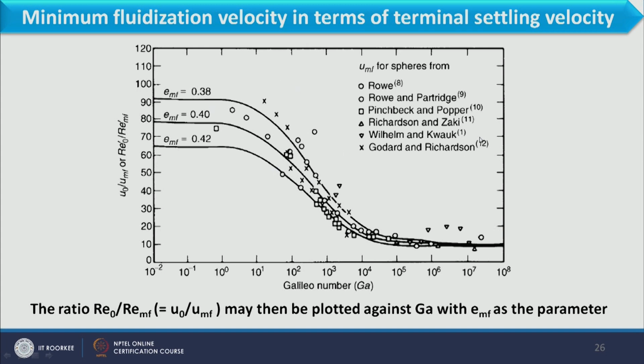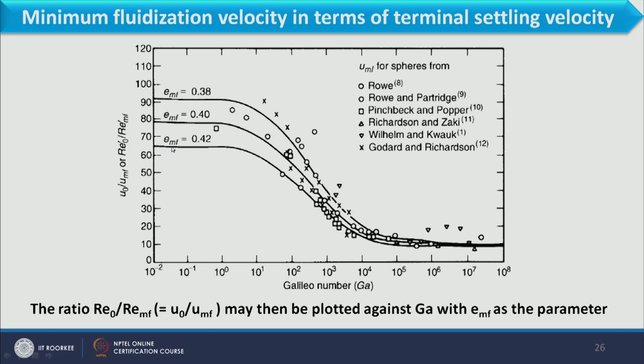Different authors have already carried out experiments, and this curve satisfies the experimental data, and therefore the ratio of Reynolds number at terminal falling velocity and minimum fluidizing velocity can be related with the Galileo number using these curves.